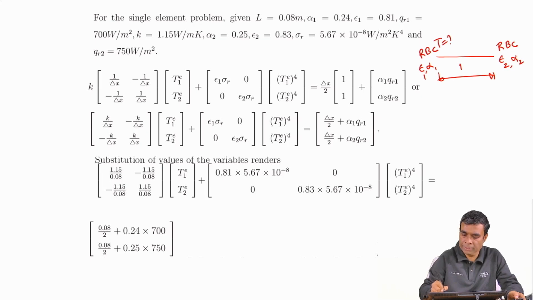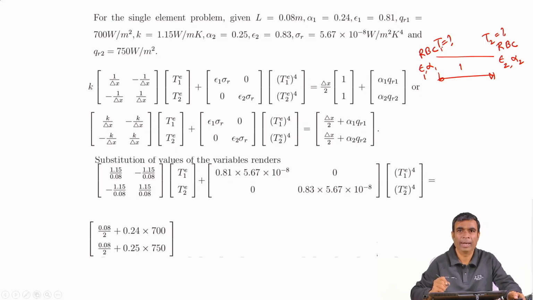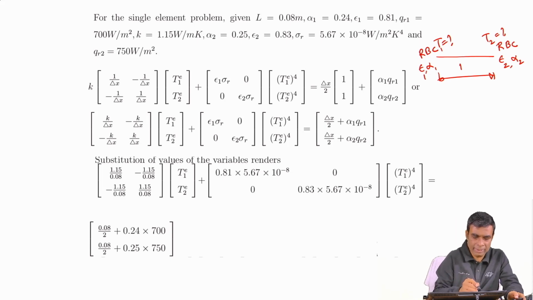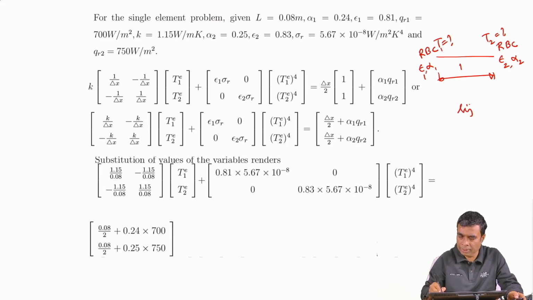We have to find T1 and T2 at the left and right boundaries. So in this case, here we are showing the global matrix equation system which is obtained from the element level matrix itself without assembly, since this is a single element problem.